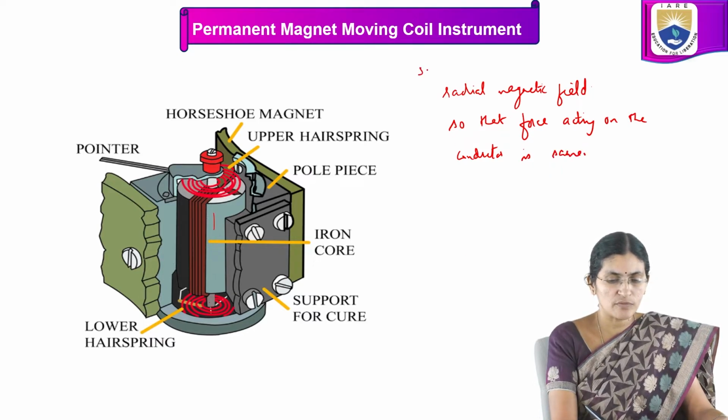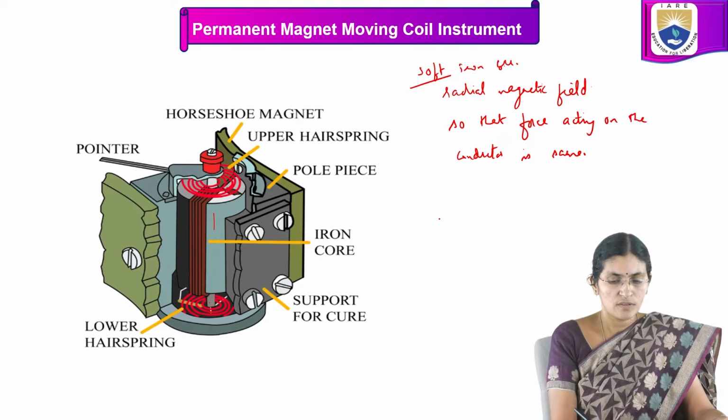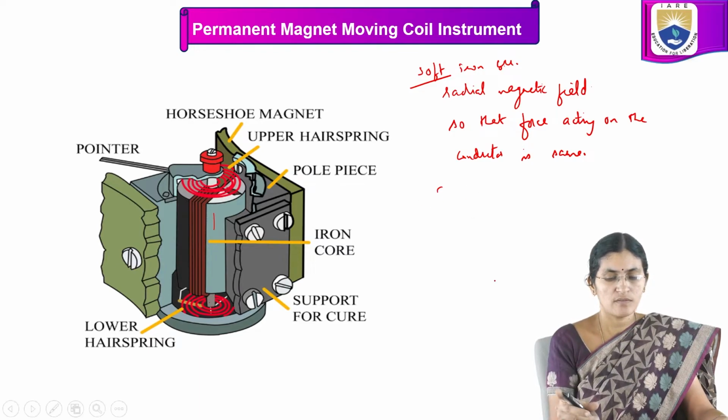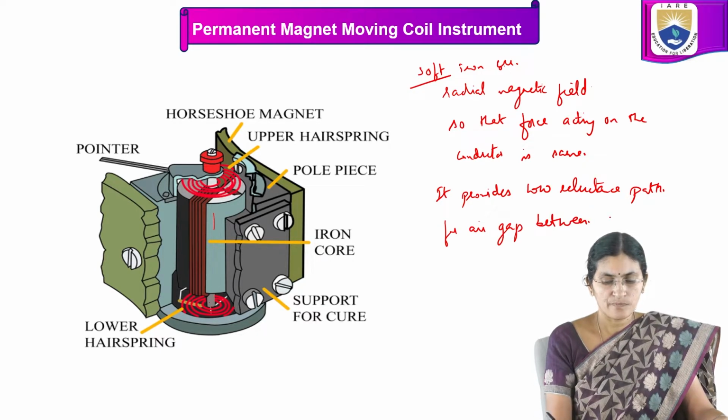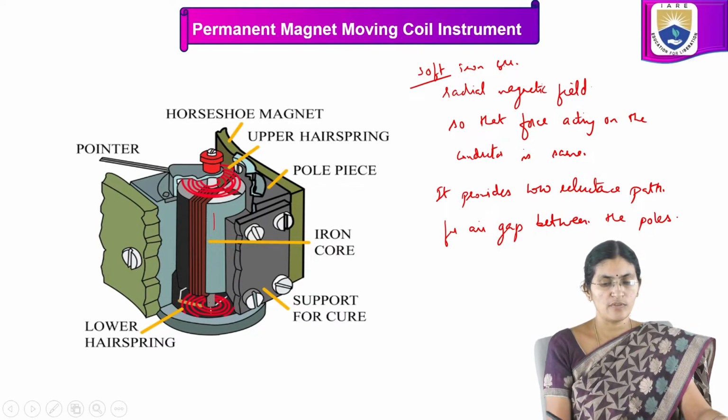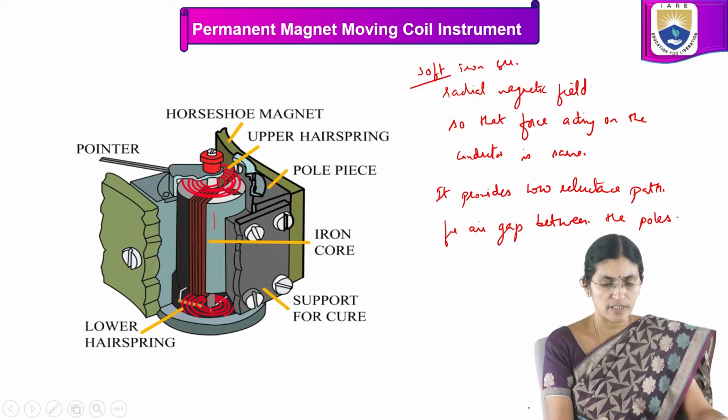Another function of soft iron core is that it provides a low reluctance path for the air gap between the poles. So this is the function of soft iron core.